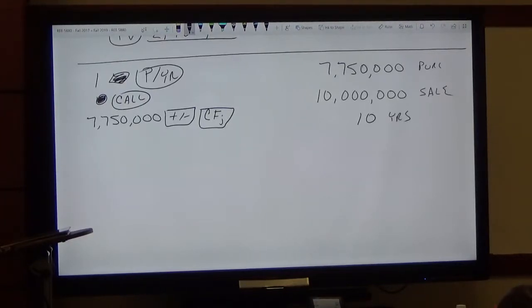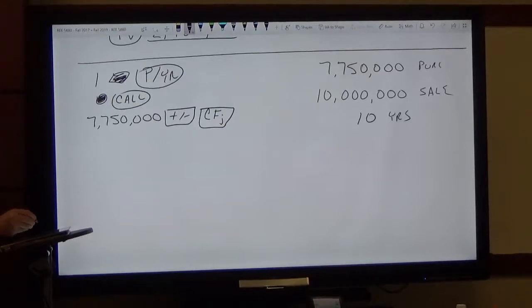You see CF sub J. All right, so that's telling us that at time period 0, that's how much we're spending. That's not present value, because now we're forced to use the cash flow function because our cash flows are not going to be the same for those 10 years. They're going to be variable.